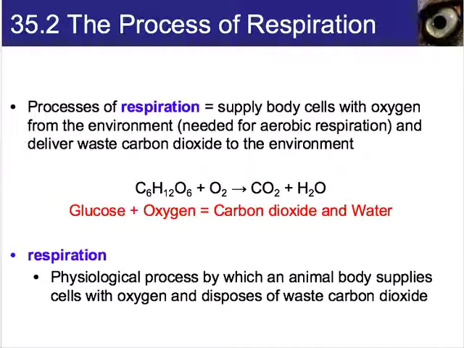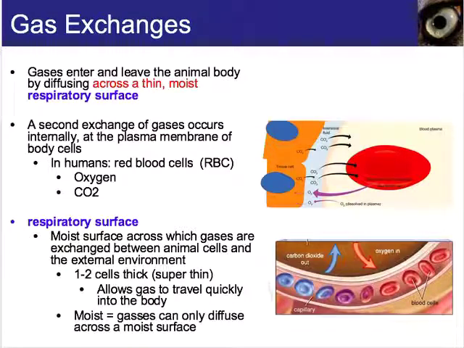So respiration is a physiological process by which an animal's body supplies cells with oxygen and disposes of waste carbon dioxide. Gases enter and leave the animal body by diffusing across a thin, moist respiratory surface. Where is your respiratory surface? Your respiratory surface is in your lungs.